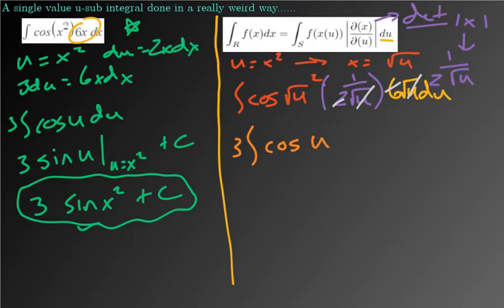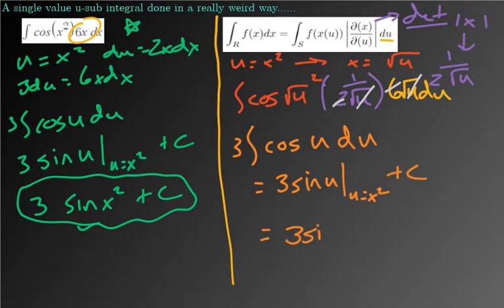So I get 3 times the integral of cosine u du. And then if I do that out, I'm going to get 3 sine u, and u was equal to x squared. So I have plus c, and I get the same thing, 3 sine x squared plus c.